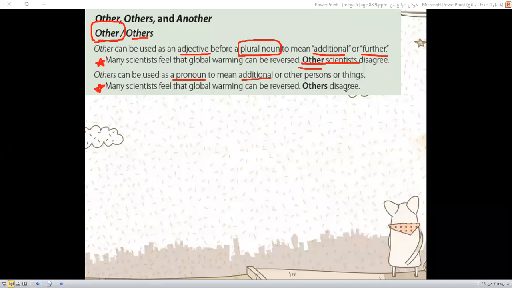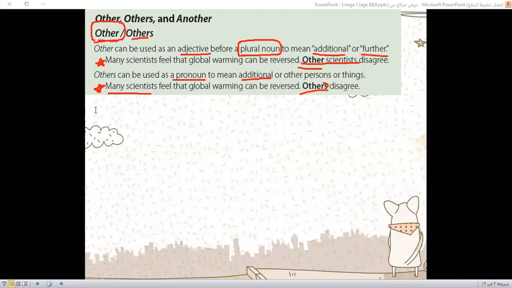Others disagree. Instead of saying other scientists, he said only others with S, which means other scientists. لكن أنا لا أريد أن أقول other scientists وأعيد كلمة scientists مرتين في الجملة، خلاص قلت others. وothers هذه ترجع لماذا؟ To many scientists. Okay?